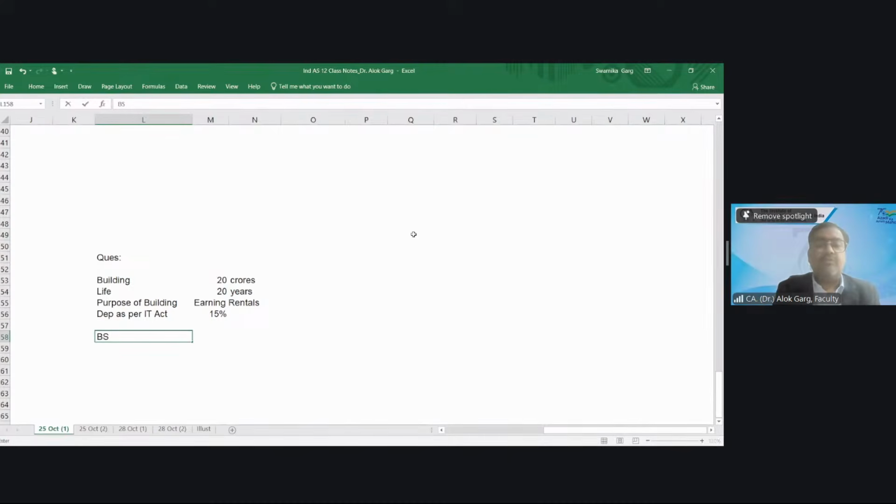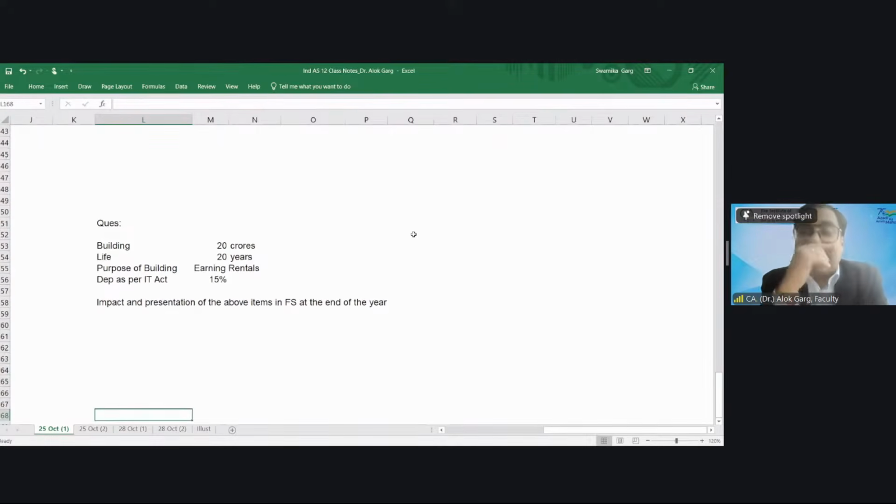The question is asking the impact and presentation of the above items in the financial statement at the end of the year.